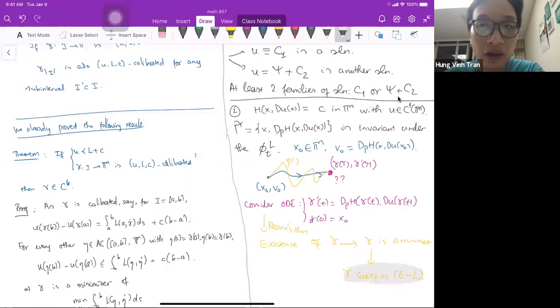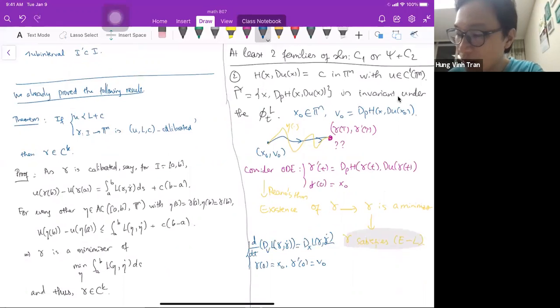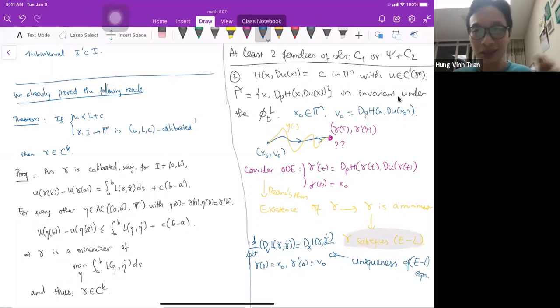Once you satisfy the Euler-Lagrange equation, d/dt of D_vL(gamma, gamma dot) equals D_xL(gamma, gamma dot), with initial data gamma(0) = x0 and gamma prime(0) = v0, this is enough for us to have uniqueness. But uniqueness here is of the Euler-Lagrange equation, right?